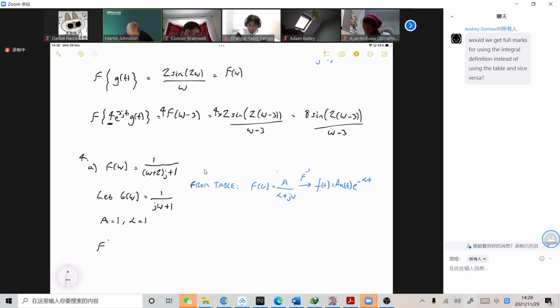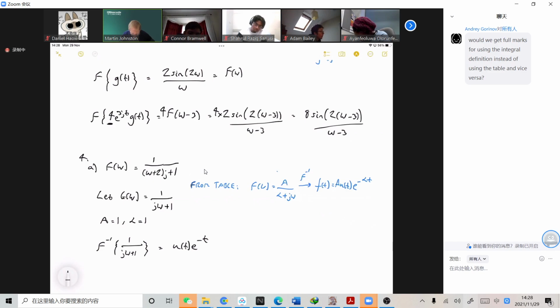So the inverse Fourier transform of 1 over j omega plus 1 is equal to u of t e to the minus t.